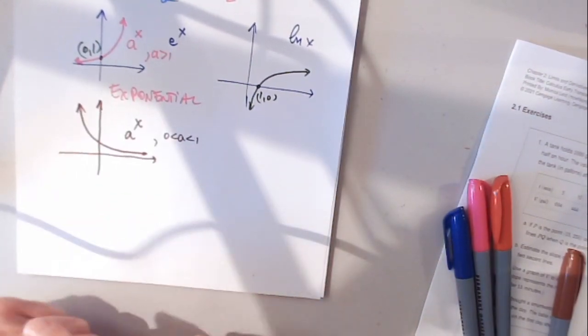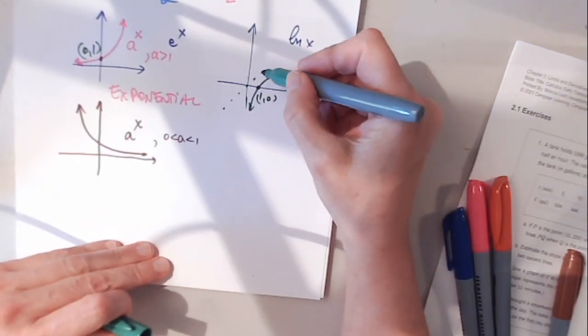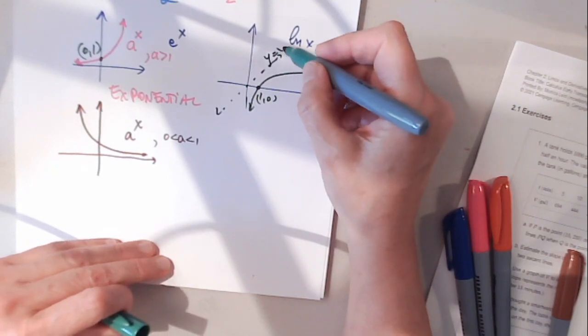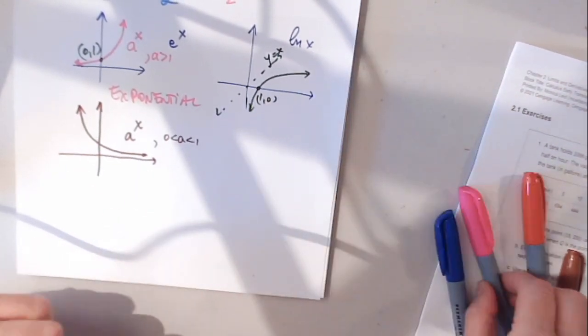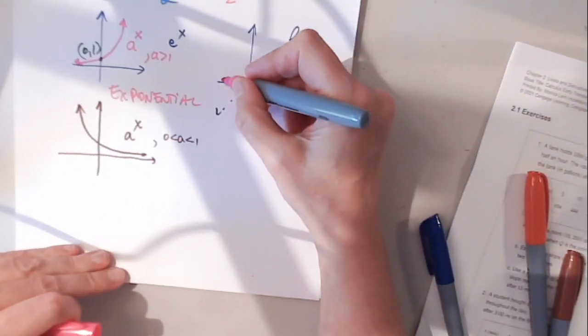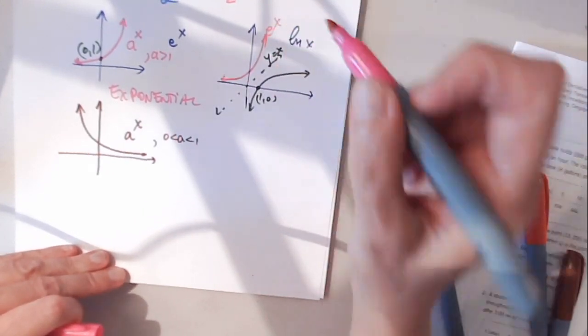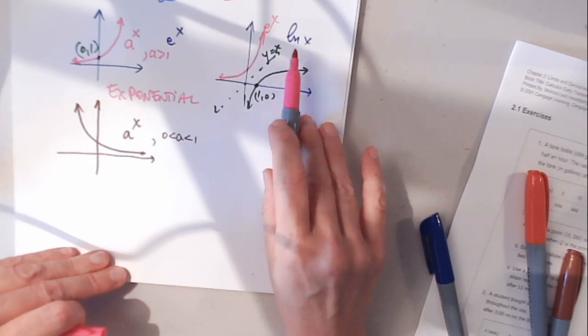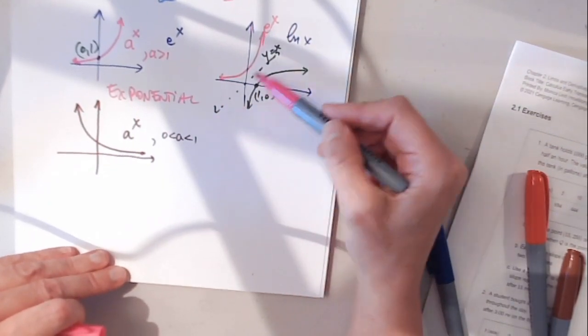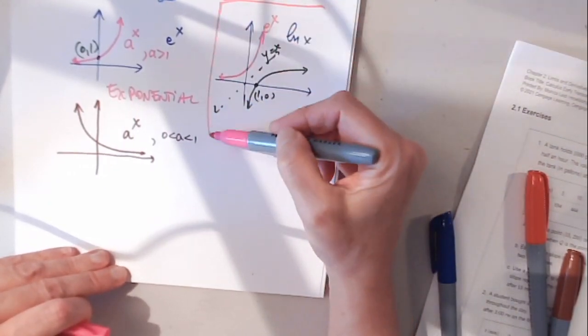And if you want, I can put here y equals x, and I will copy e to the x so you can see they are symmetric. So natural log and e to the x are symmetric with respect to y equals x. Very important graph.